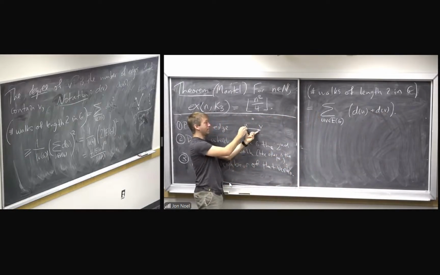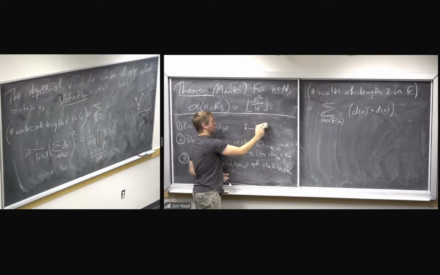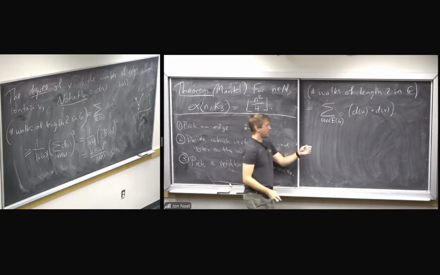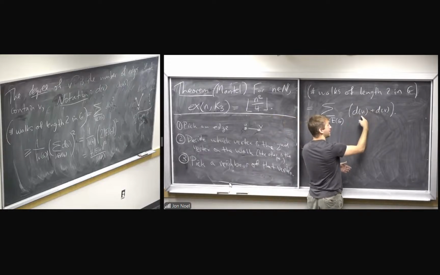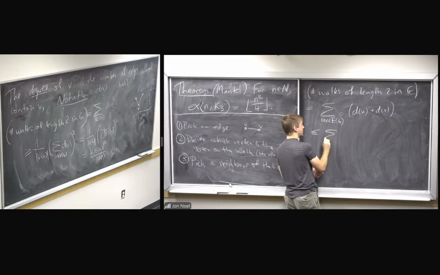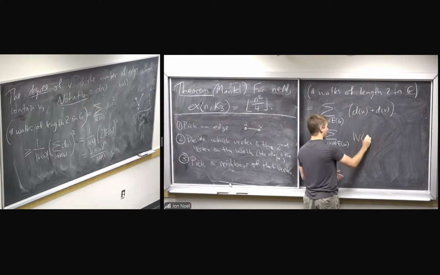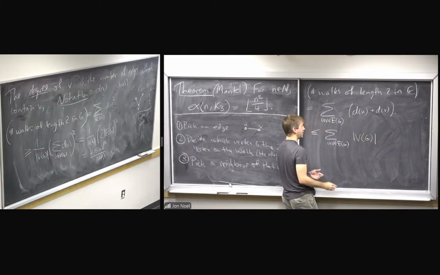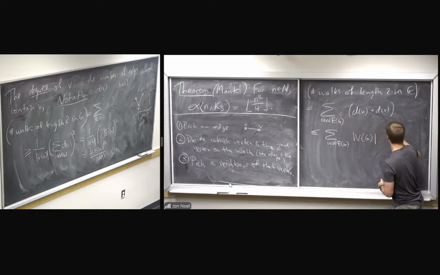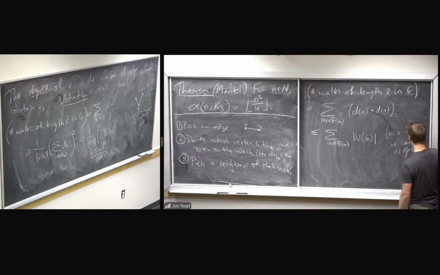If it's a neighbor of both of them, that's where I get my triangle. So every vertex in the graph can only be counted at most once by this sum. So this is at most the sum over all the edges of v of G, because U and V have no common neighbors.